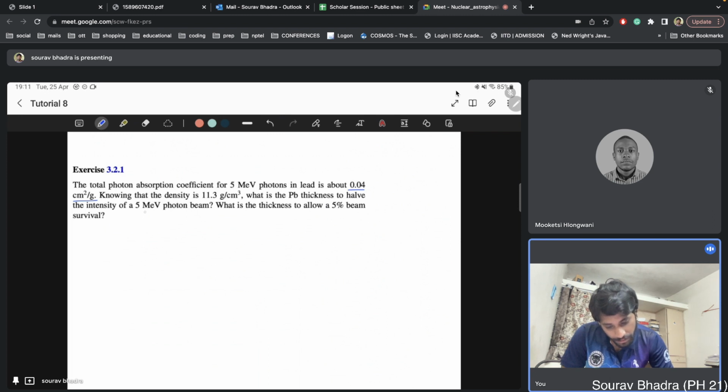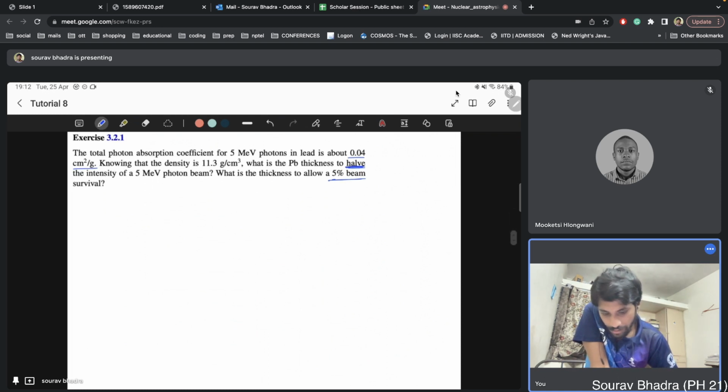And also what is the thickness to allow a 5% beam survival. For that we have to also calculate the thickness.